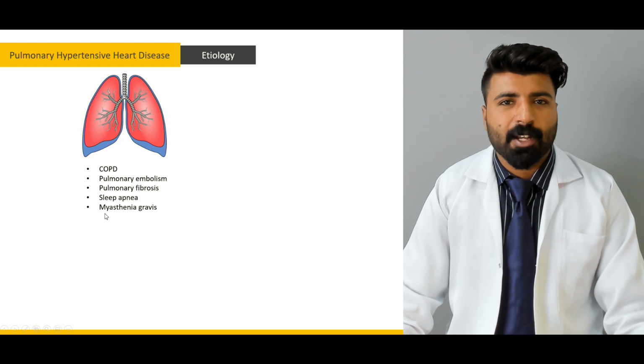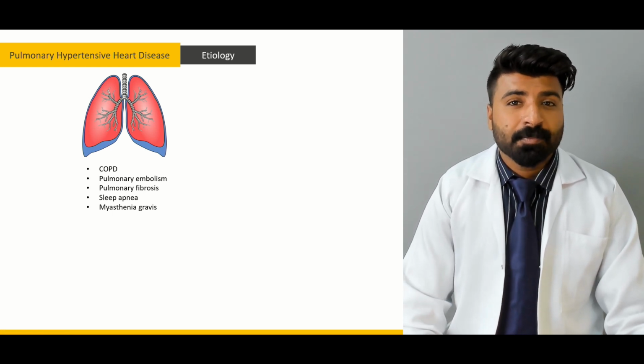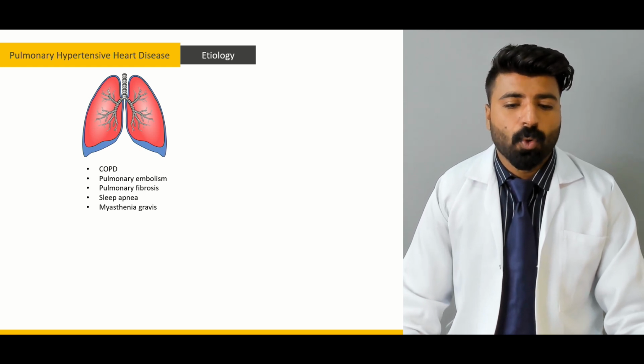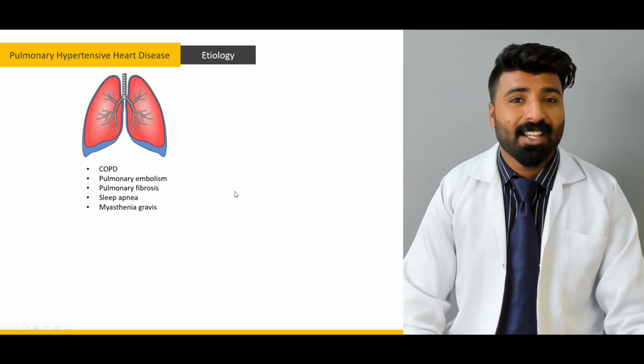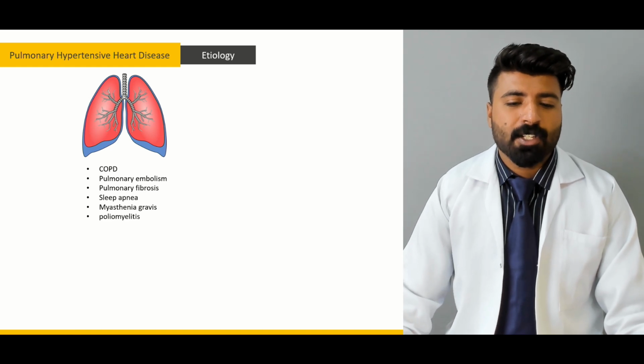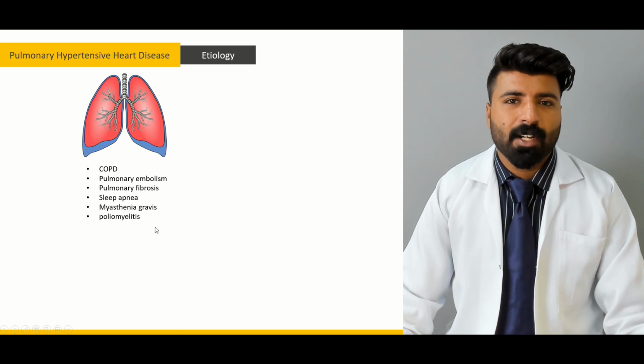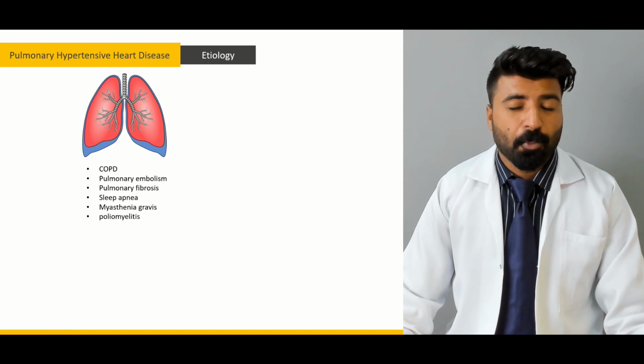Next we have myasthenia gravis. Myasthenia gravis is a disease of muscles. It's a neurological disease. So this also has a role in getting to pulmonary hypertensive heart disease because it affects the muscles in such a way that one way or another it leads to pulmonary hypertension. Next we have poliomyelitis. It's the same mechanism. In poliomyelitis, muscles are gone due to polioviruses.